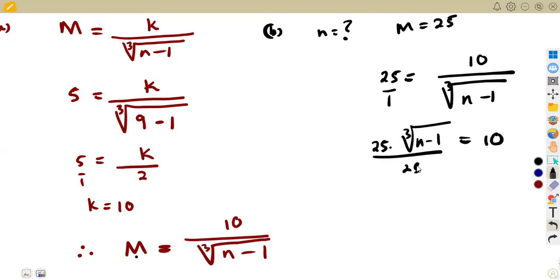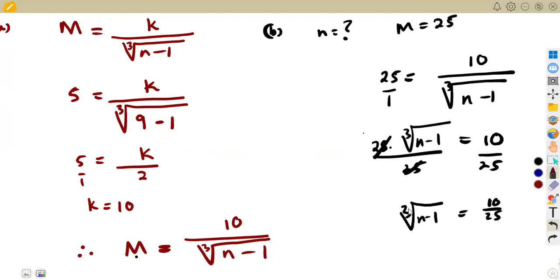Divide by 25 on both sides. So the cube root of n minus 1 is equal to 10 over 25. You can also write this as a simplified value, or you can just leave it like that. It's up to you.